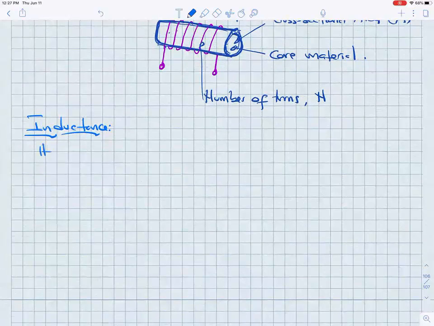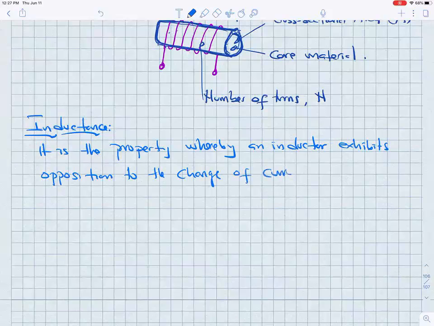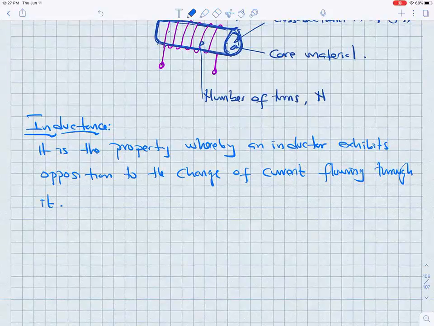Okay, and this is measured. So basically, the inductor will exhibit opposition to the change of flow of current.